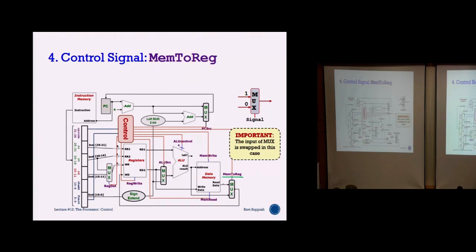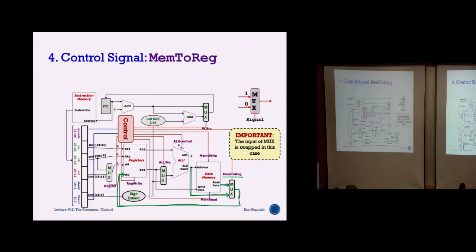So I have two inputs, one from the memory and the other the ALU output, and one of these will be selected to go back to my write data here.